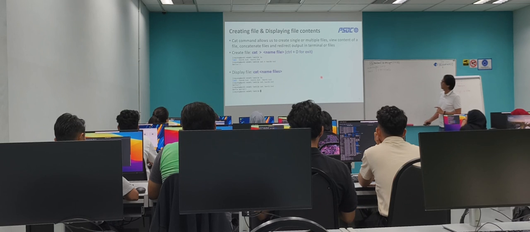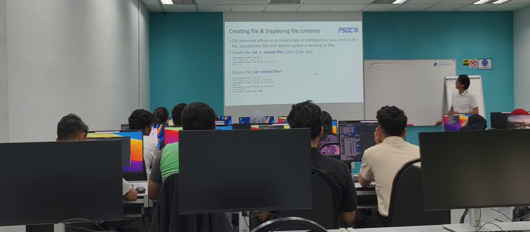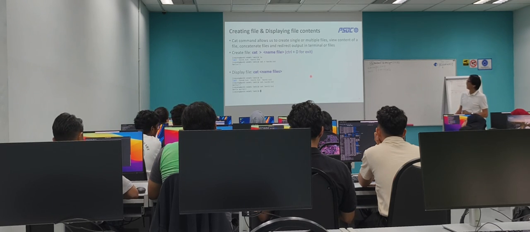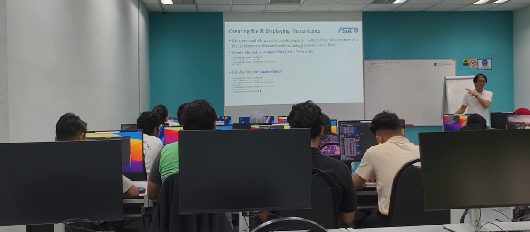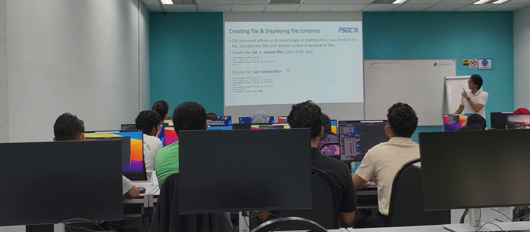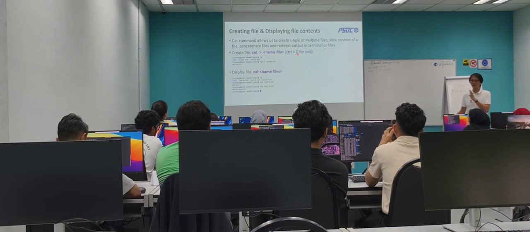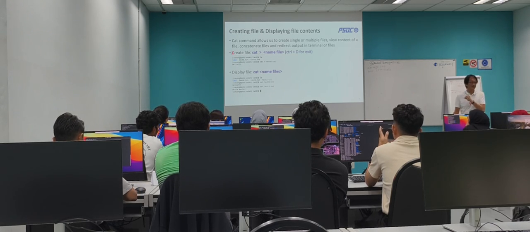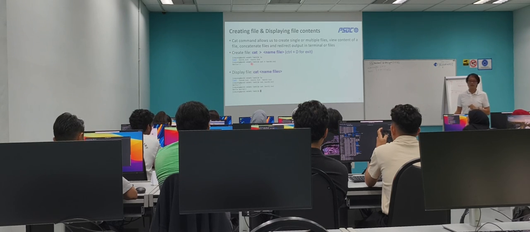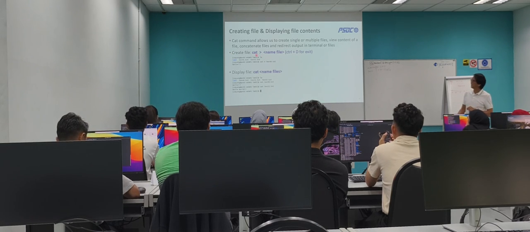So creating file and displaying the file content. Just now I showed in one of the pages creating the file. Cat can display the file. It can also create the file if the file does not already exist.